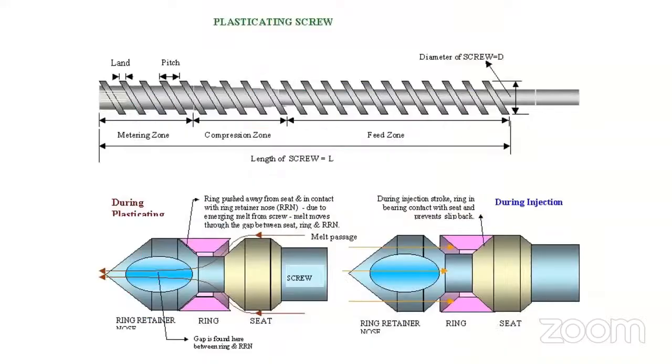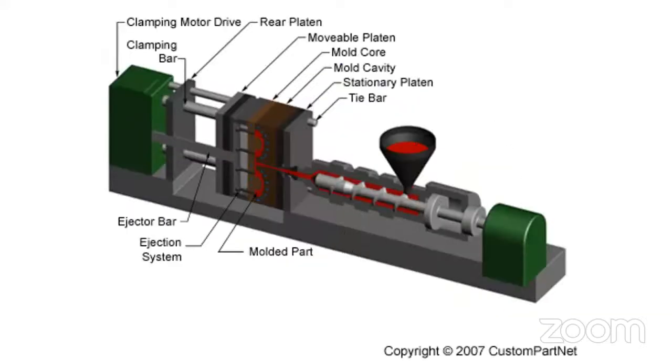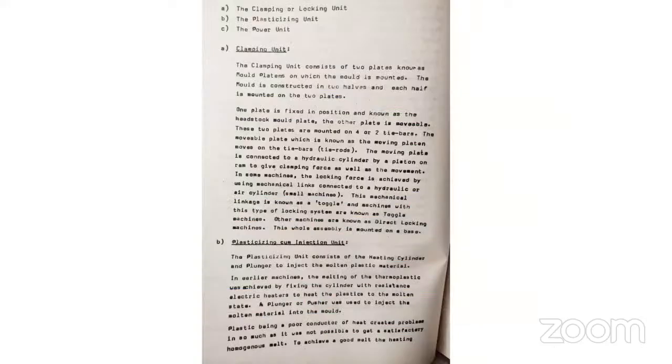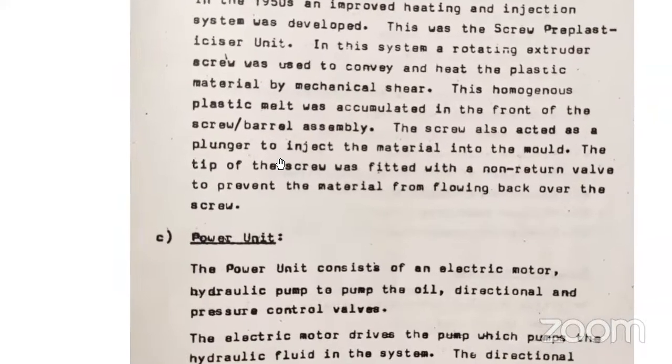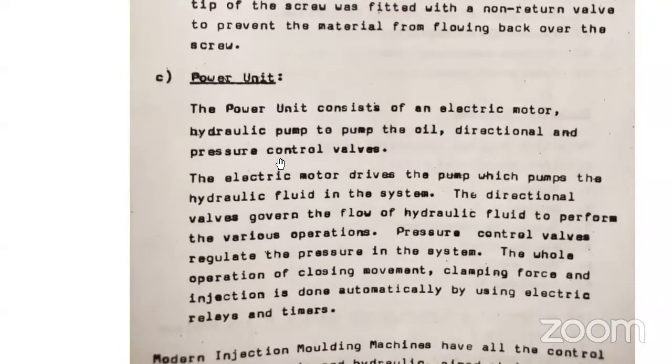Now regarding the power. See now here, friend, the power unit consists of an electrical motor, hydraulic pumps to pump the oil, and directional and pressure control valves.